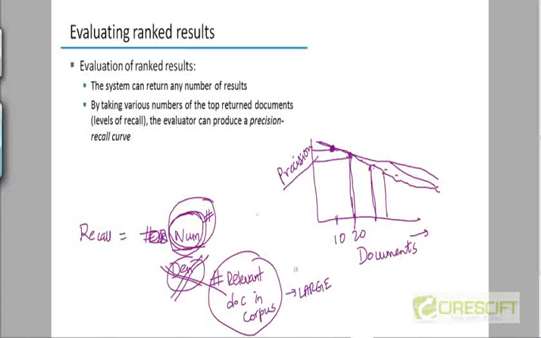Then what would you do? Let's say you want to compute some measure which incorporates the performance all the way up to the end, not just at the very beginning. But you can ask, well, why do that? Because we won't be looking at results beyond the top 20 or 30.